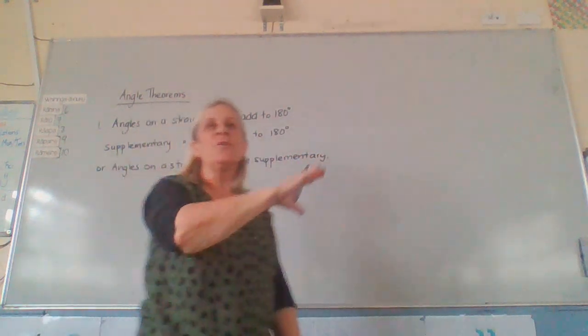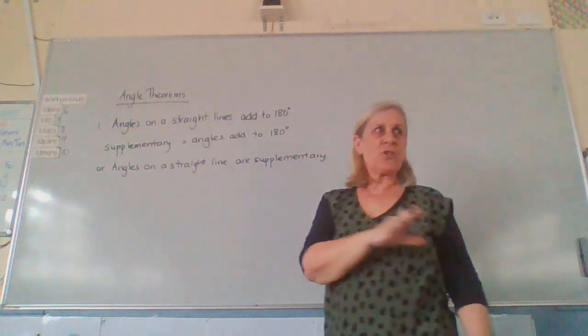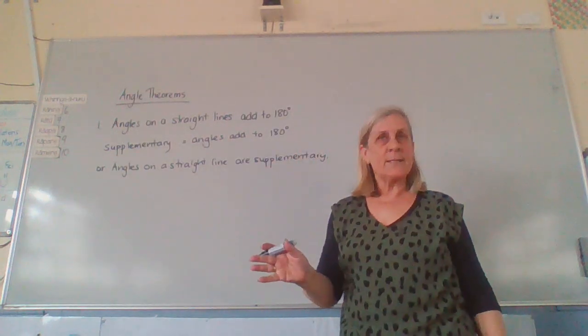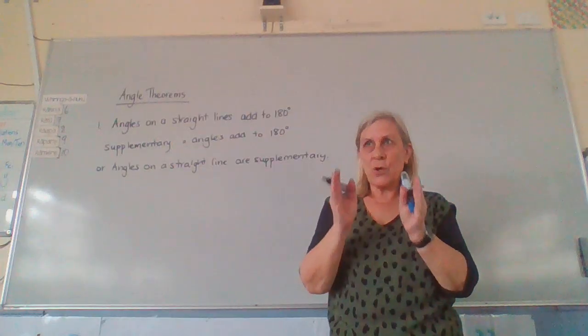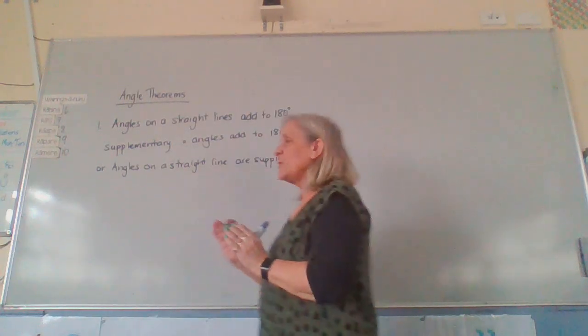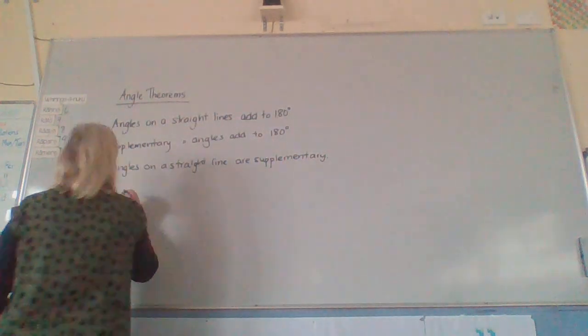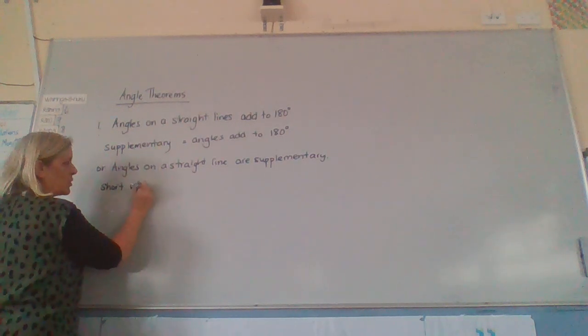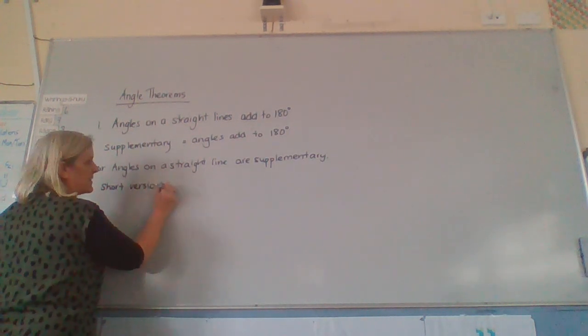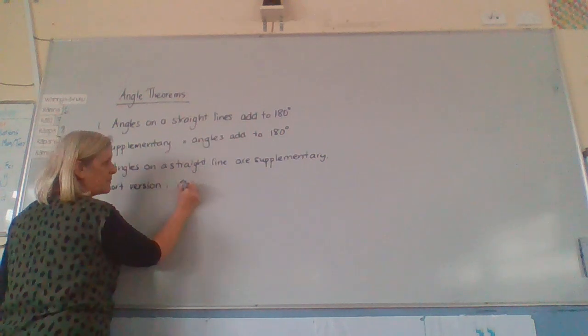So we have an agreement over all mathematics teachers in New Zealand and probably other places that we're allowed to shorten it. But we're only allowed to shorten it so far, okay? We're allowed to shorten it to one of these two. The short version is, for the first one, angles.